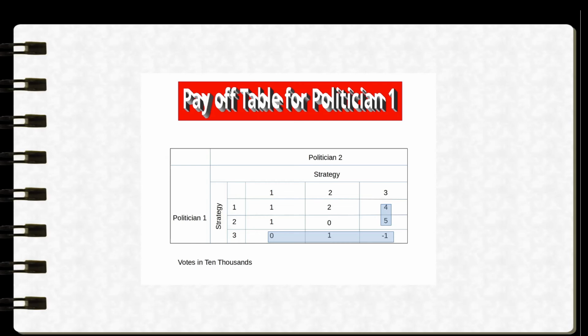Now let's get back to politician 1. Politician 1 will eliminate strategy 2. Because once again, as compared to strategy 1, if he takes strategy 2, he stands to gain either no votes or at the most 10,000 votes. Now back to politician 2.